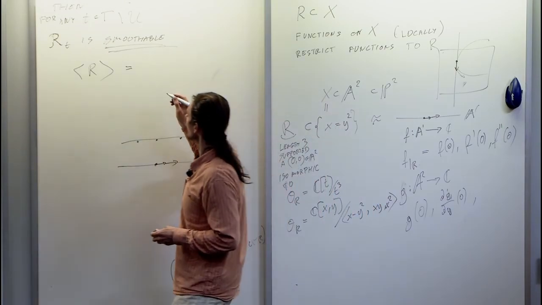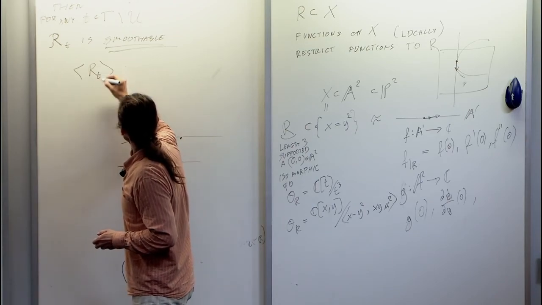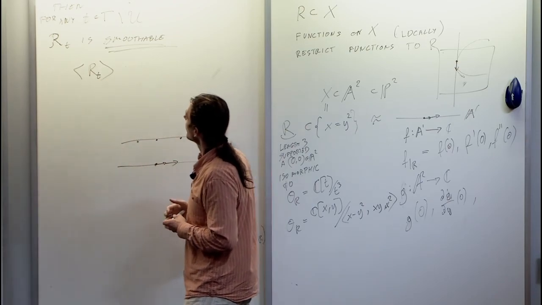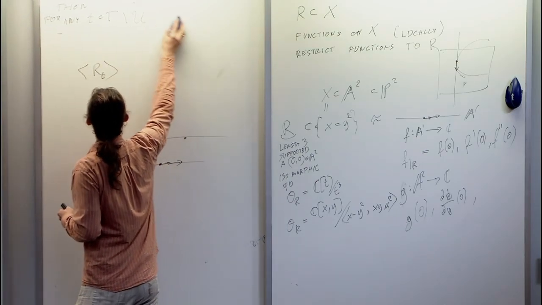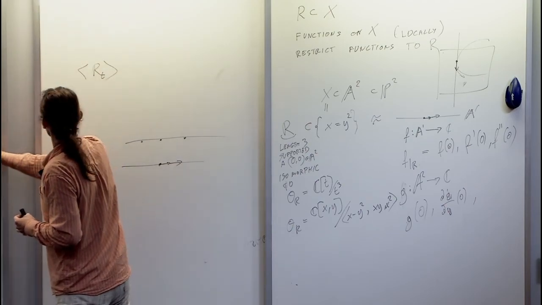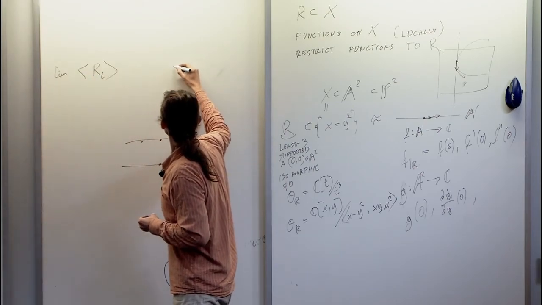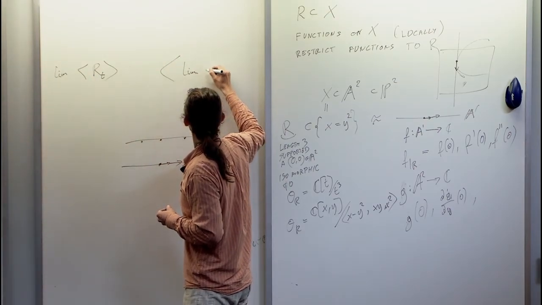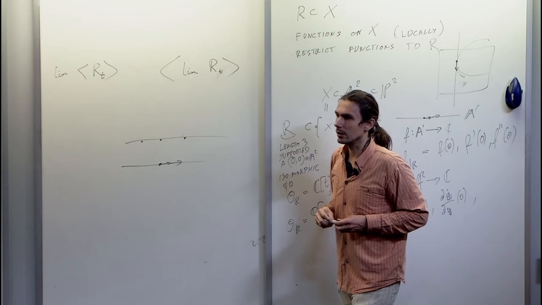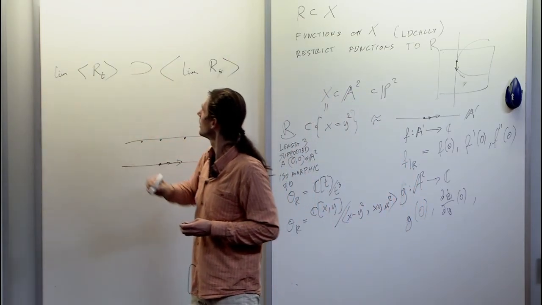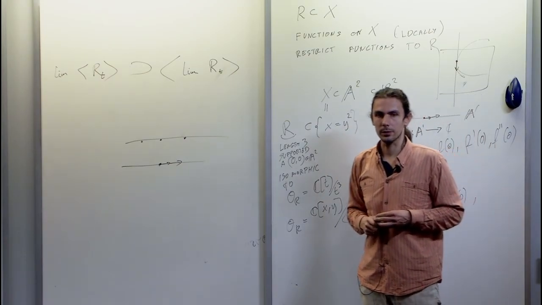It's true, though, that if I have a family parameterized by T, and if I take the limit of the linear spans, on the other side I take the limit of R_T and the linear span of this, then there is an inclusion going this way, but not necessarily the other way.